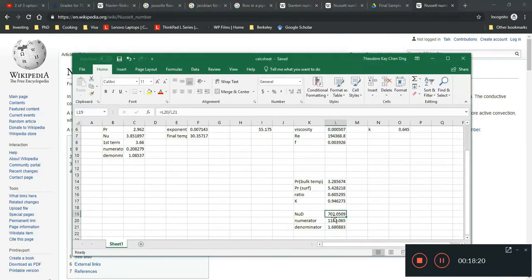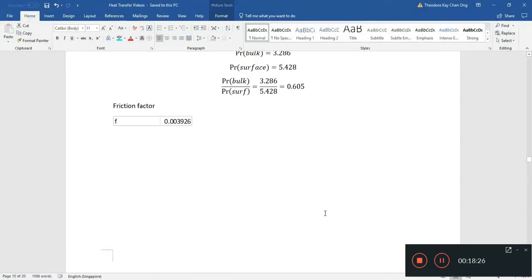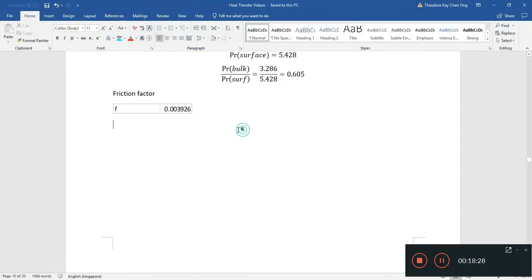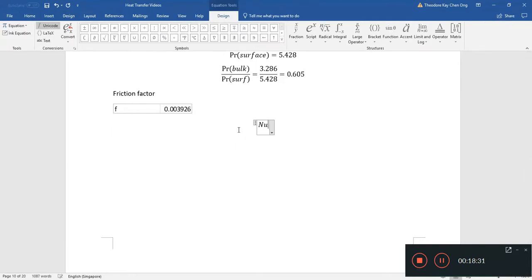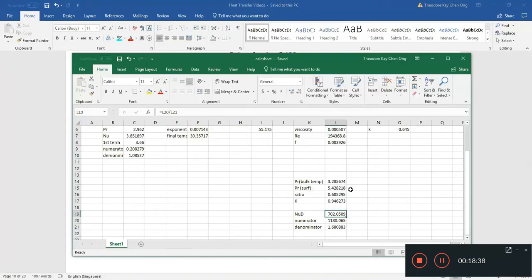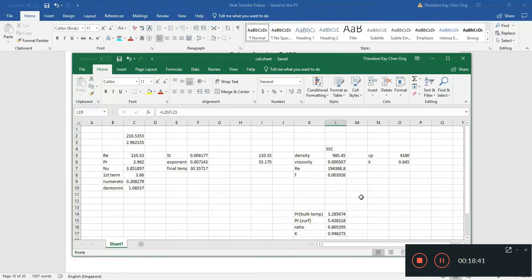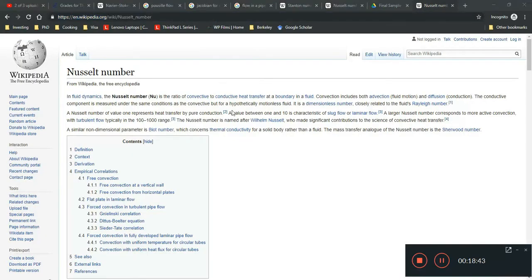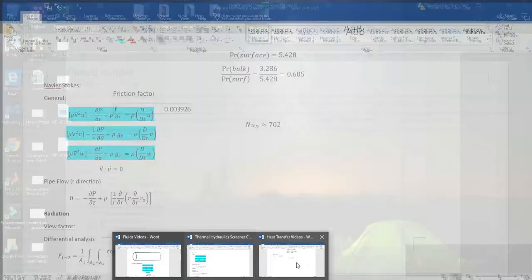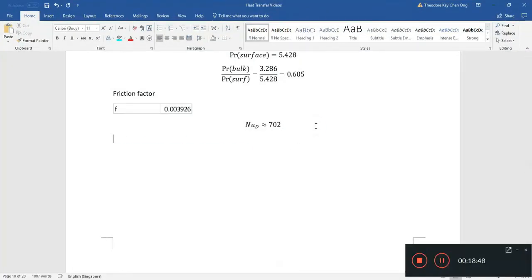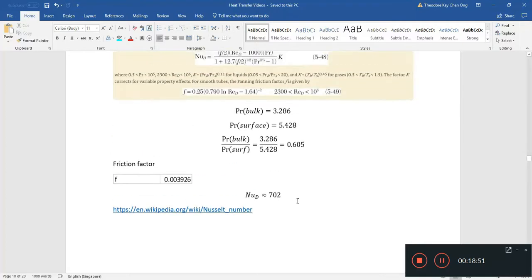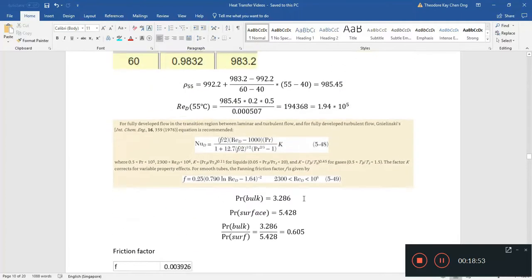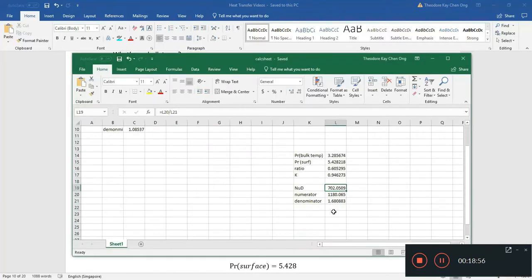So for turbulent flow, this is a reasonable amount. So the Nusselt number is about 702, reasonable from Wikipedia anyway. Then we'll calculate our Stanton number now.